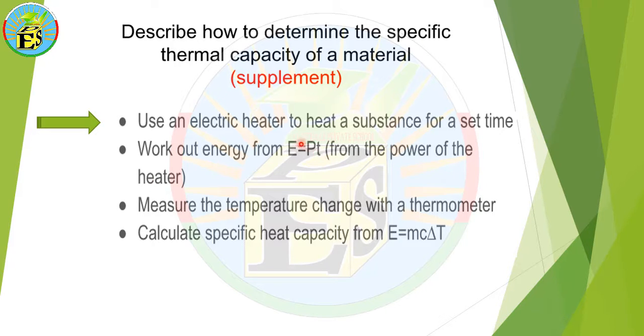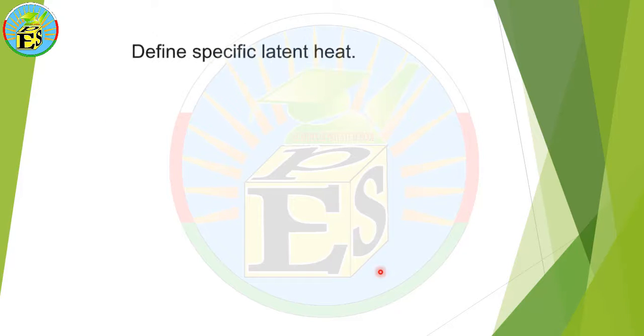We can also get it from a calorimeter. A calorimeter is a device used to calculate the energy given to a material to heat up the matter. Measure the temperature change with a thermometer. We will calculate the temperature difference using the thermometer. Calculate the specific heat capacity from E equals mc delta T. We know delta T from the thermometer.